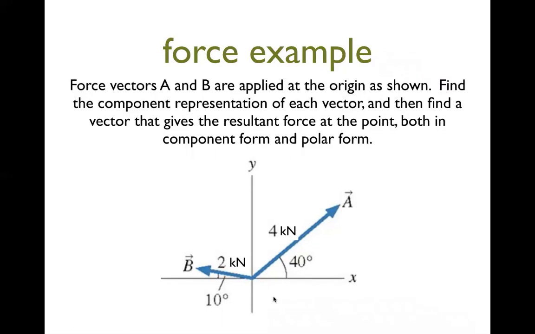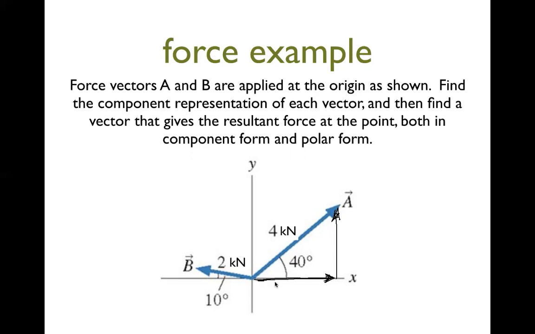So these are given in polar form, right? They're given in magnitude, direction form. And we want to get the components. So what's that going to entail here? Say for A, all vectors can be broken up into a horizontal component and a vertical component, such that the horizontal plus the vertical component is equal to the vector itself.